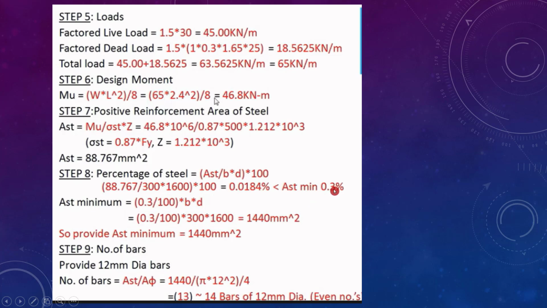Applying the minimum reinforcement to the section gives the revised quantity of steel as 1440 mm square AST required. And you can find the number of bars: total area divided by pi d square by 4 will give you the number of bars required for the positive reinforcement.